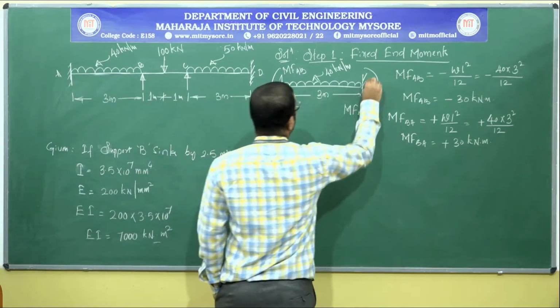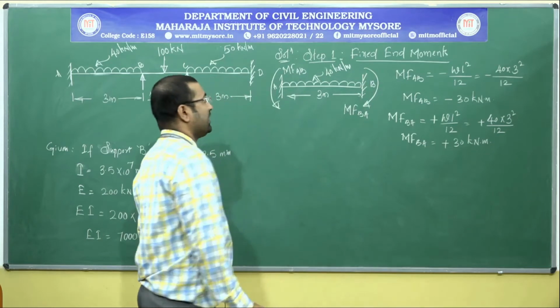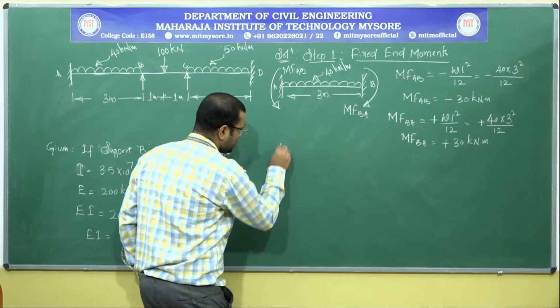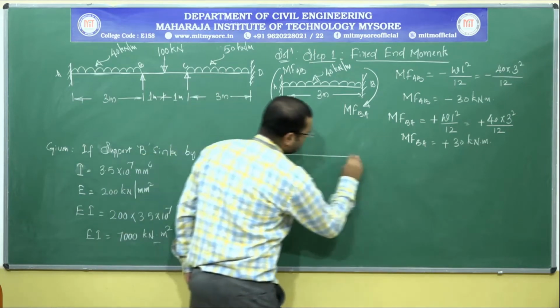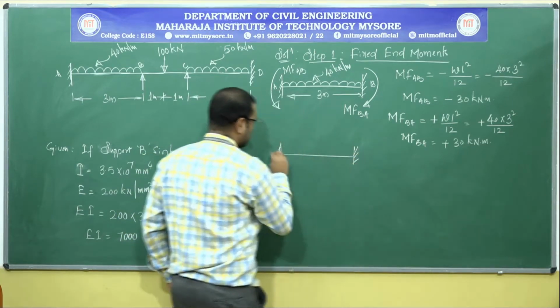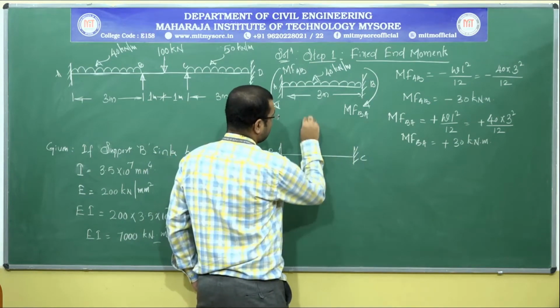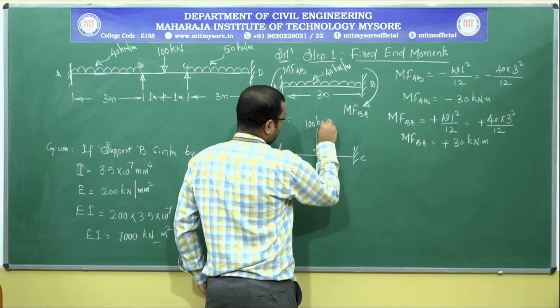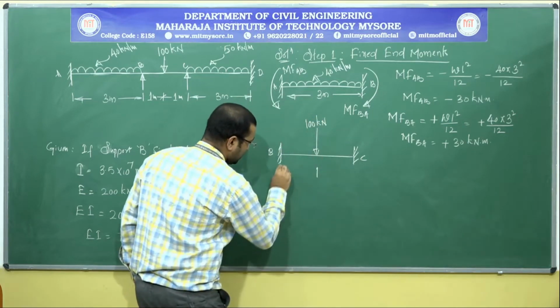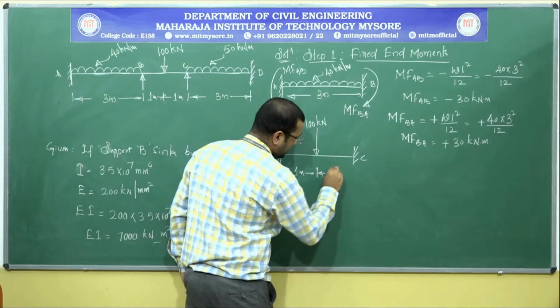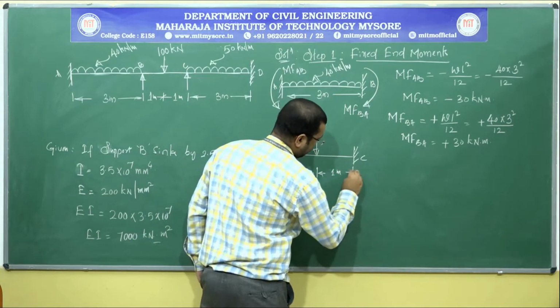Now we have to calculate the fixed end moments for the span BC. Here also we need to assume both ends of the span BC as fixed, which carries a central concentrated load of 100 kilonewton. The total span is 2 meter, so each will be 1 meter.